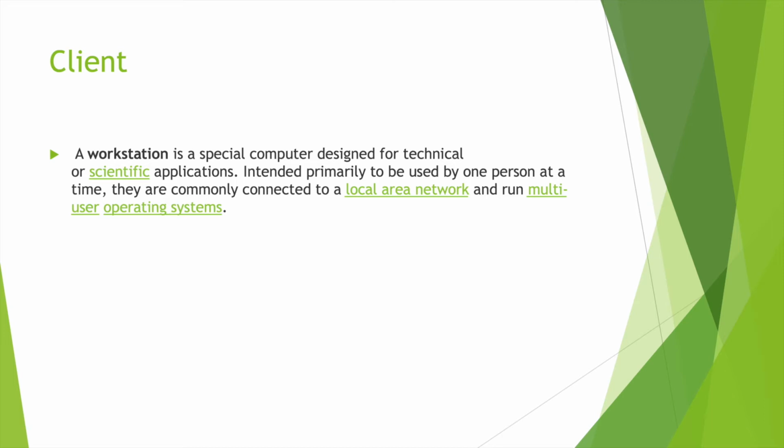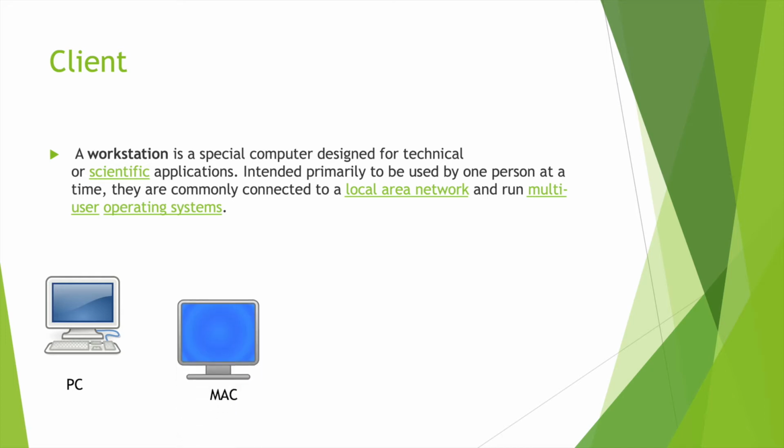Let's go over the types of clients we have. You see them in industry and professional environments. There are different types of clients and workstations. This is our most commonly used PC, which might have a Windows operating system by Microsoft. Similarly, some client or workstation might have the Mac operating system.